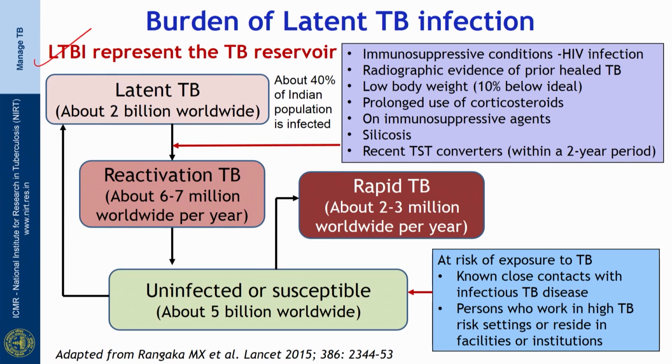This slide shows the dynamics of tuberculosis transmission. It is estimated that about 2 billion people worldwide have latent TB infection. About 40% of the Indian population is infected. Of them, about 6 to 7 million people worldwide develop TB each year.